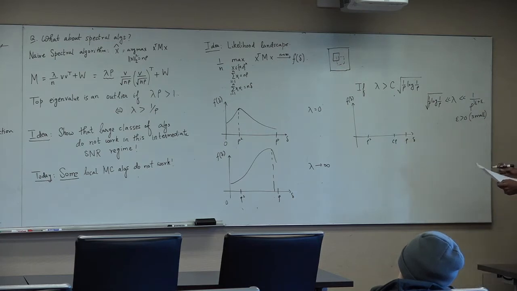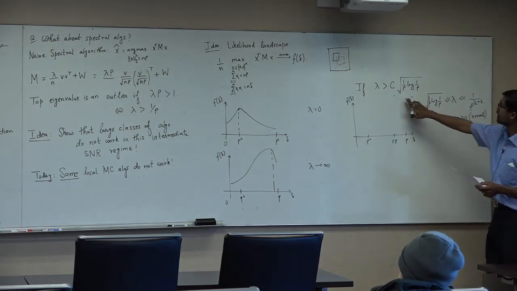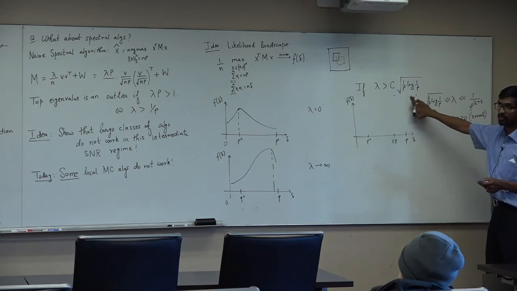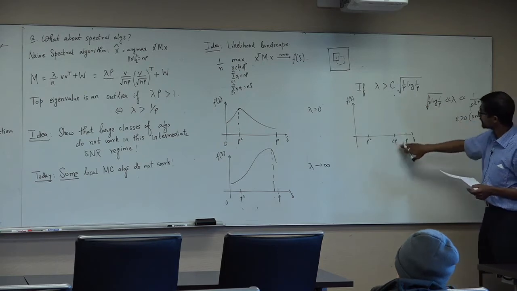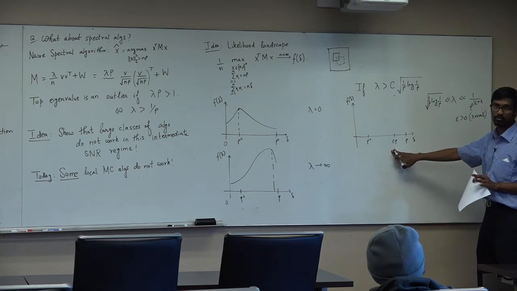So this is lambda that is much bigger than the information theoretic threshold. So I know that the global maximum is at some point c times rho. That I know.